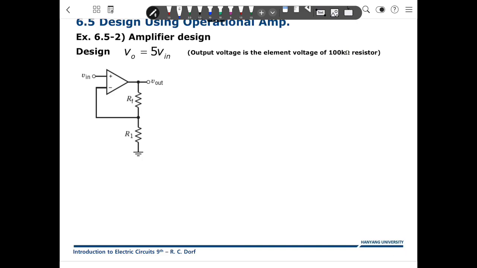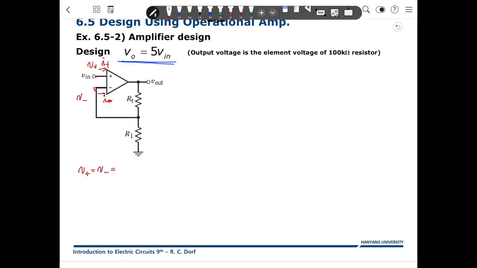This is another example to design the non-inverting amplifier. In the same way, you can use it this way. So what should we do? First, we define V positive and I positive, V negative, I negative.